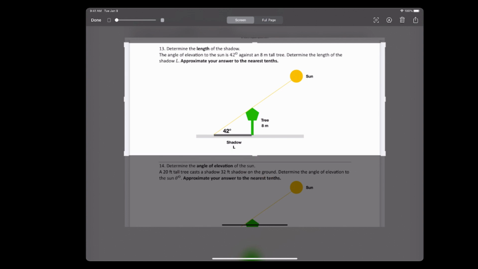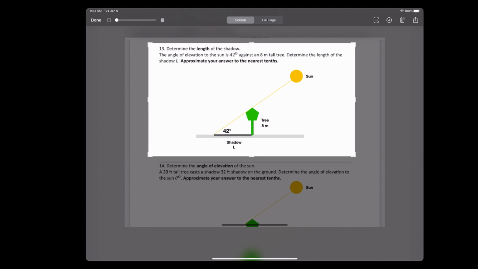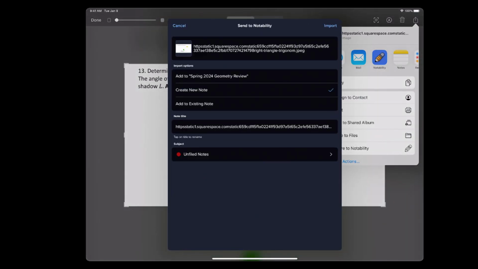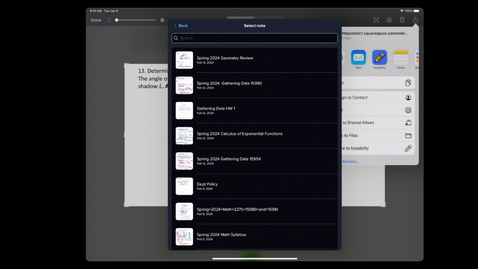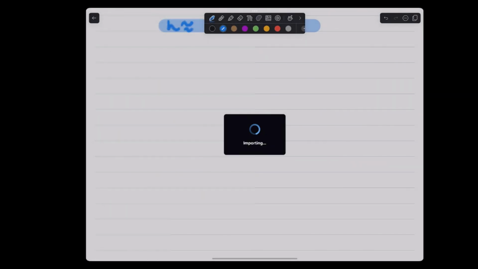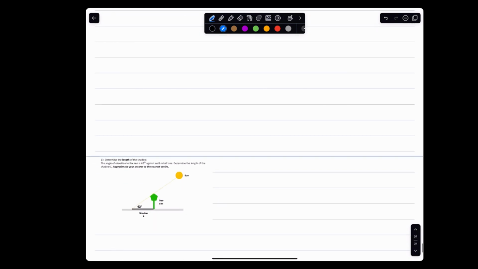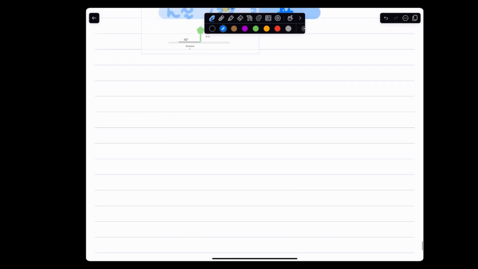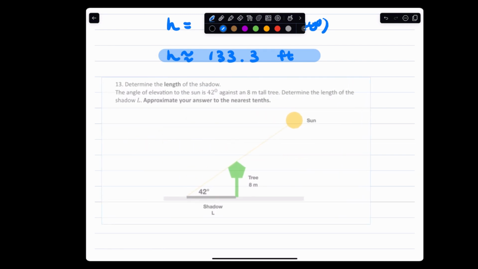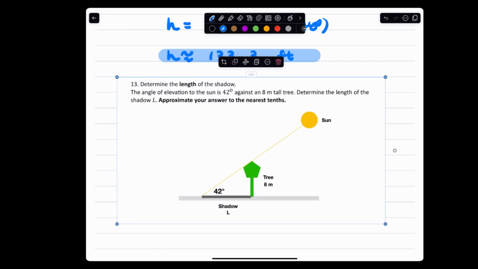I mean, I can show you how to do it, but I think I'll save it. Notability. Add to existing note. Okay. Take me to the note.